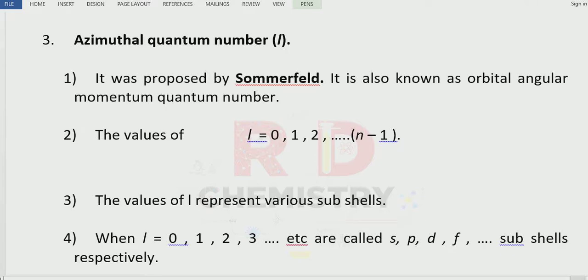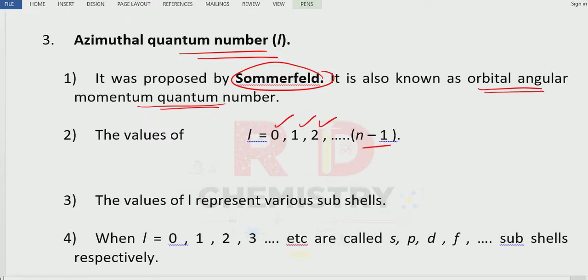Second one is the azimuthal quantum number proposed by Sommerfeld, also known as the orbital angular quantum number. L value starts from 0, 1, 2 up to n minus 1. What is n? n is the principal quantum number. The values of L represent various subshells.